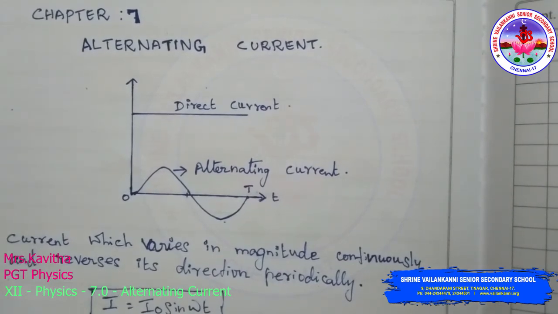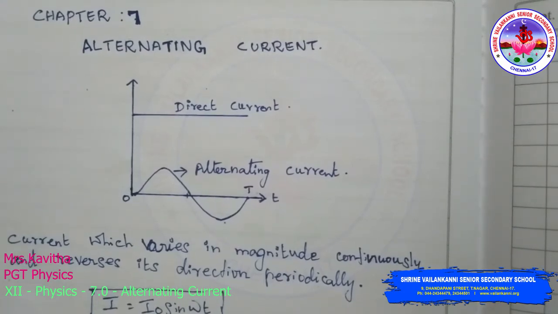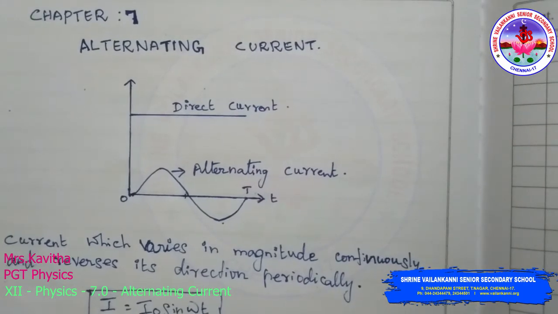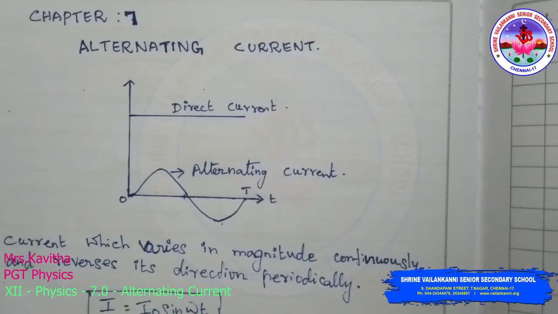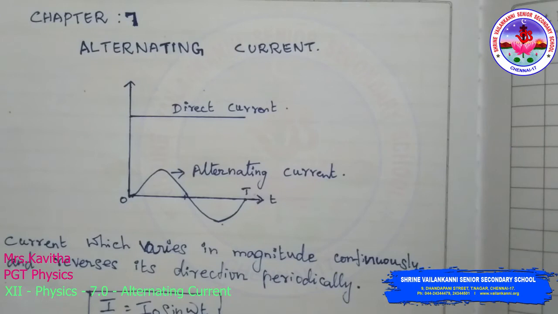The main reason for preferring AC voltage over DC voltage is that AC voltages can be easily and efficiently converted from one voltage to another by means of transformers. Further, electrical energy can be transmitted economically over long distances.